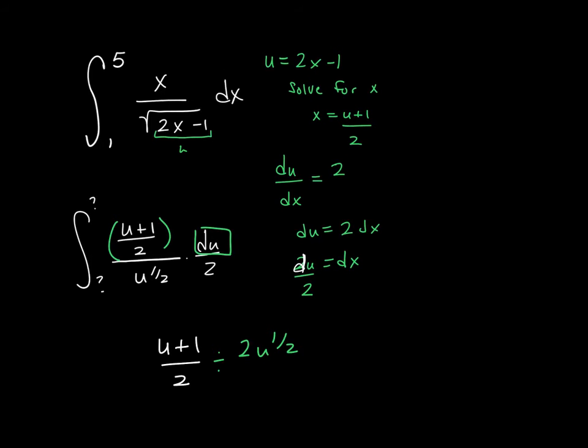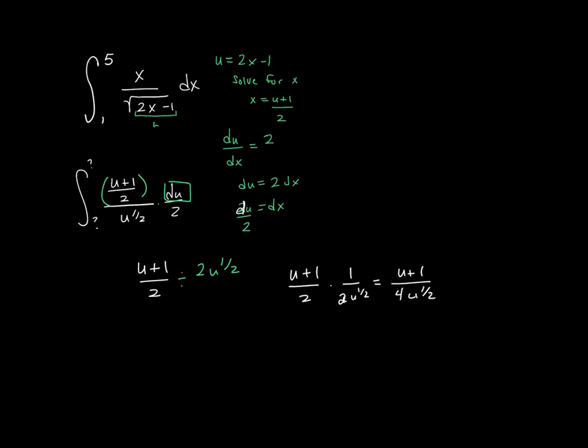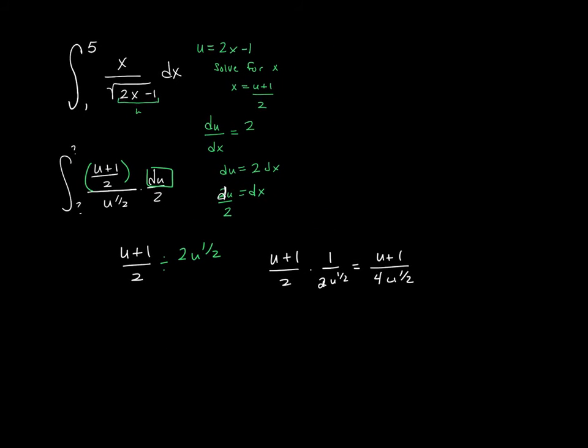That means you're really multiplying by the reciprocal. So that gives me u plus 1 all over 4u to the 1/2. And that looks a lot more manageable. I'll pull that back up, and I can leave it like this for now. So that's u plus 1 all over 4u to the 1/2.